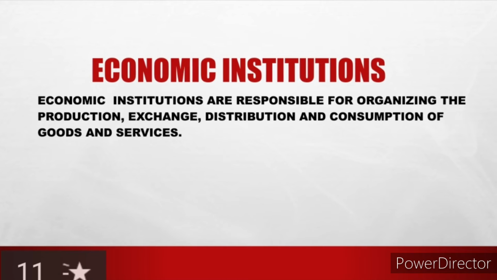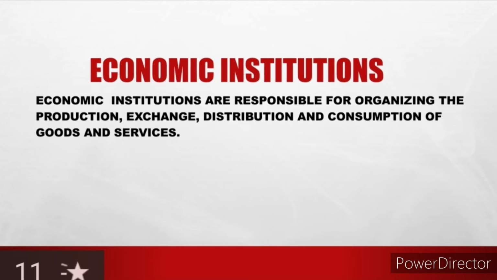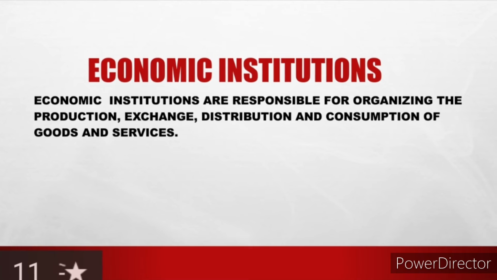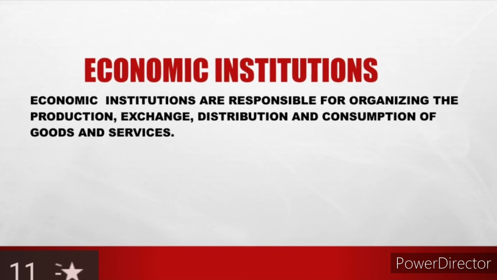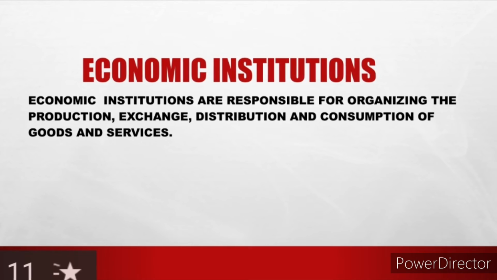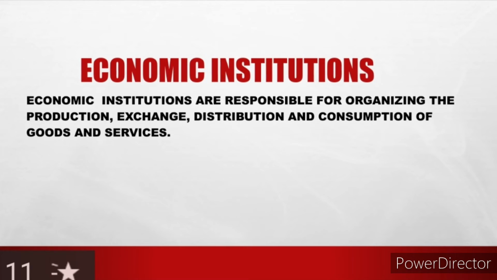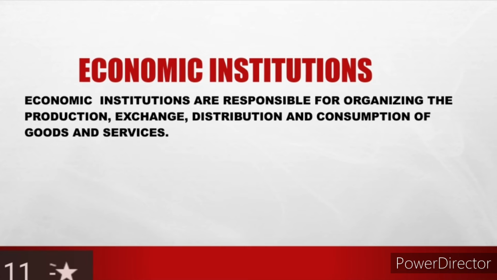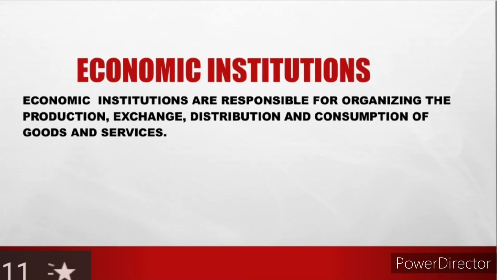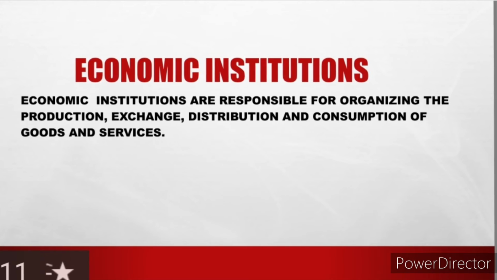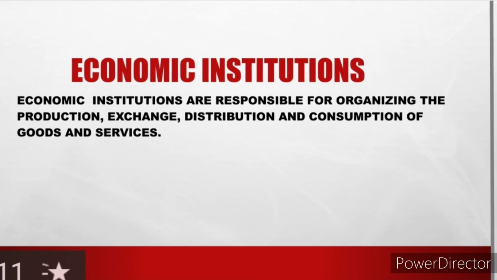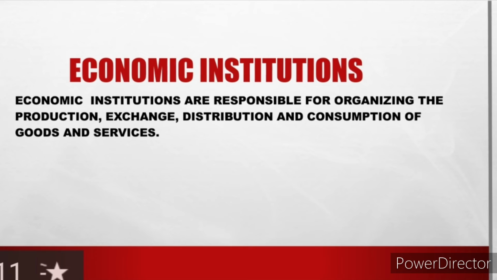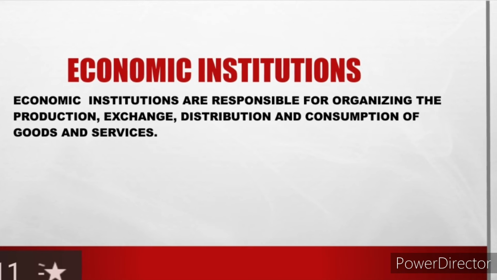What is an economic institution? Economic institutions are responsible for organizing the production, exchange, distribution, and consumption of goods and services. An economic institution is also one of the basic institutions for the sake of survival. Each society has an economic system ranging from simple to complex.